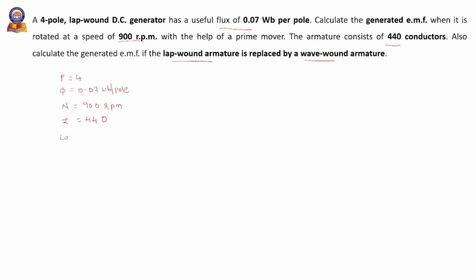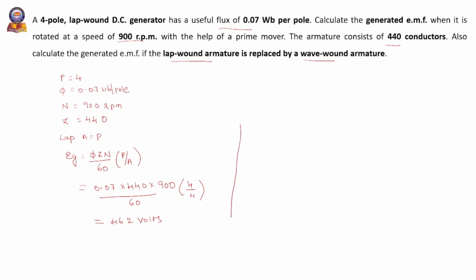So for lap A equals P, Eg is equal to psi Z N by 60 into P by A. So 0.07 into 440 into 900 by 60 into 4 by 4. You are going to get it as 462 volts.